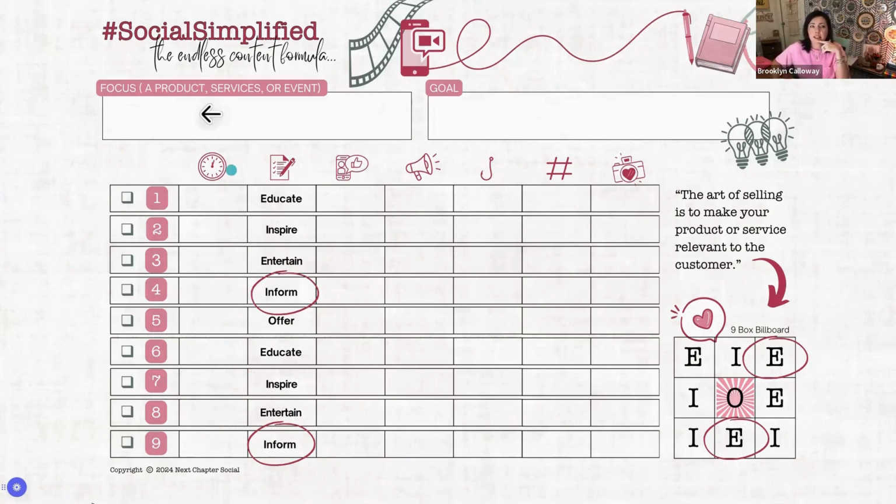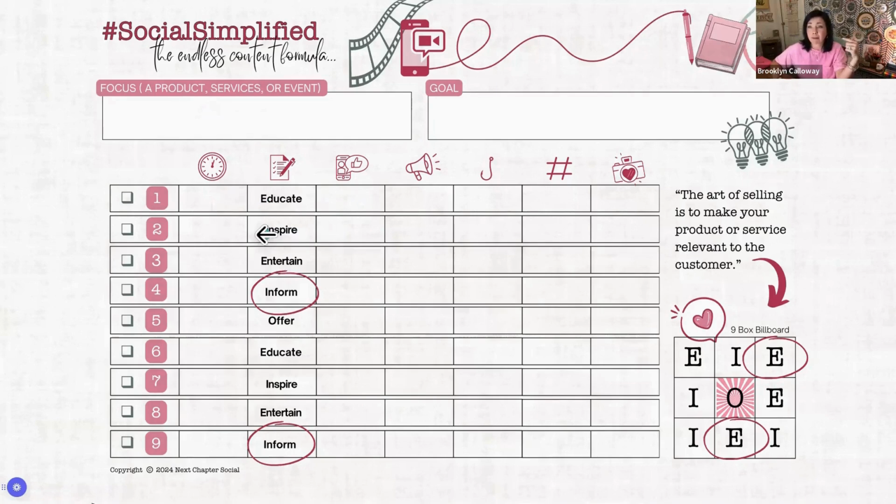For instance, let's say our focus was this class. I would want to educate them, and to educate I might tell them, did you know that the Social Simplified plan is built on the endless content formula? See below in the caption for our endless content formula. That would be educating them.